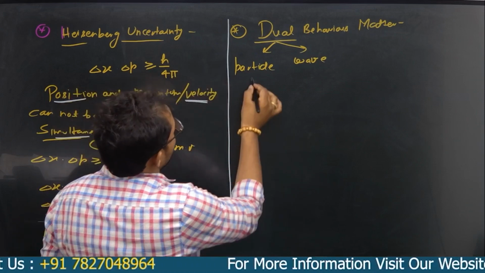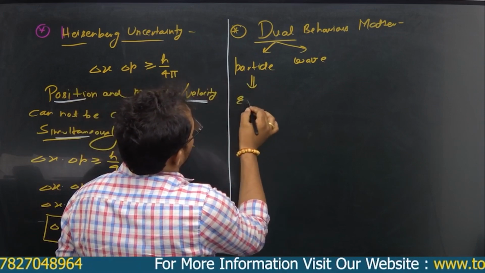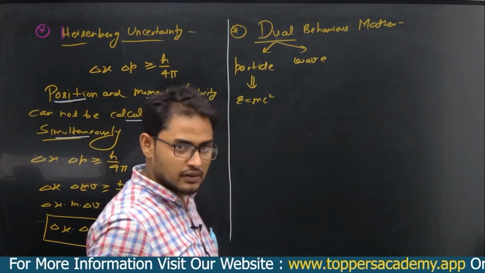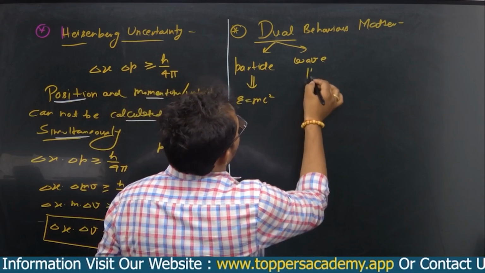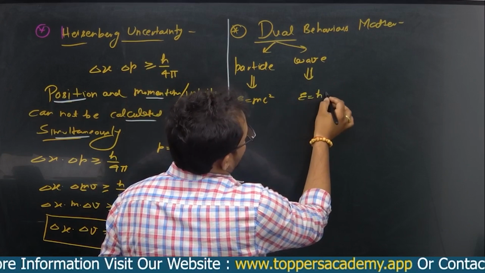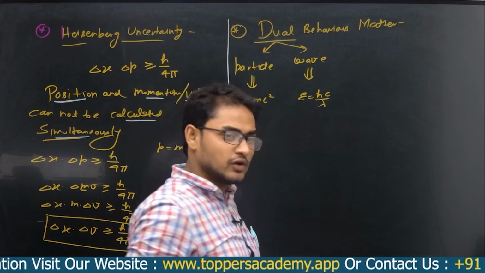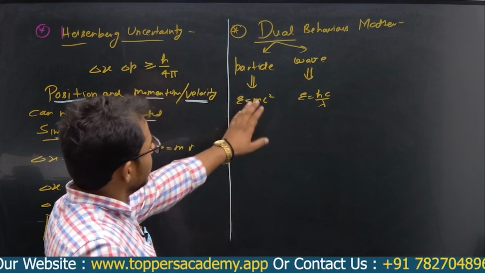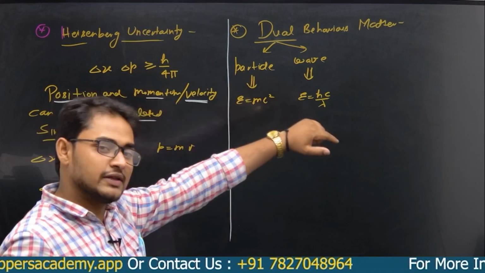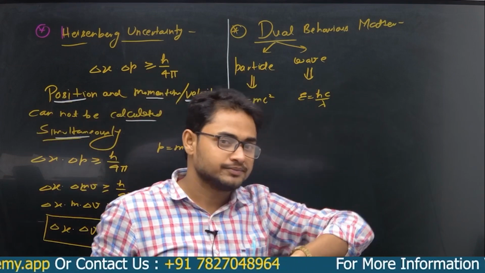Because of particle nature, you can write E is equal to mc square, because if it is a particle, it will have mass. And because of wave nature, E is equal to h nu or hc upon lambda according to Planck's quantum theory. So on the left side, both of these equations have capital E, so obviously the right side will also be equal.